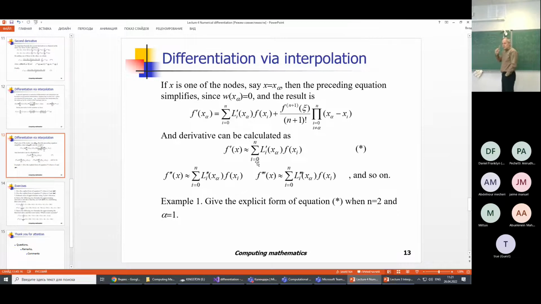But let's remember that h and f are constants.